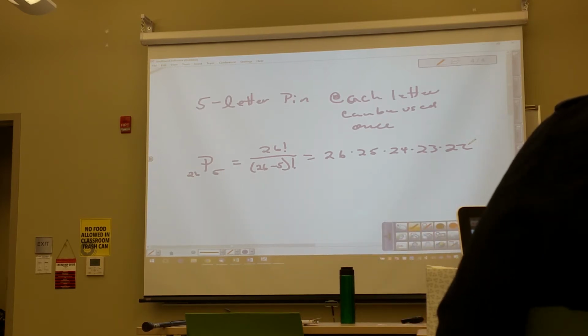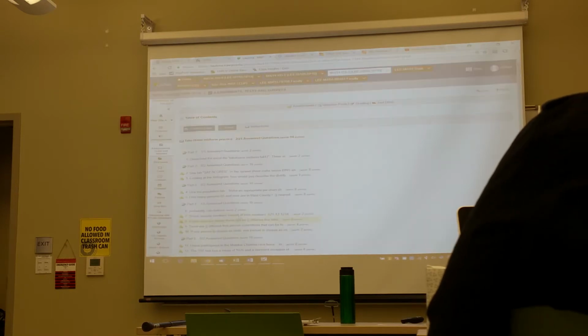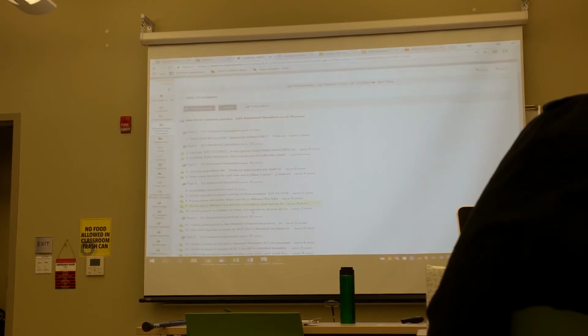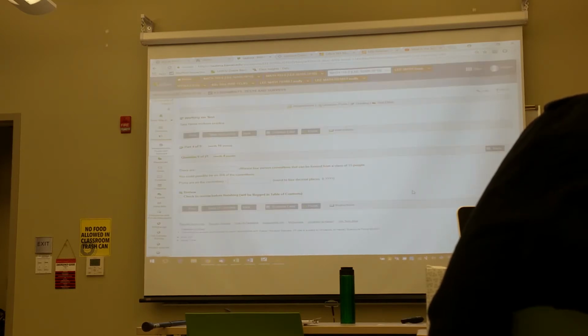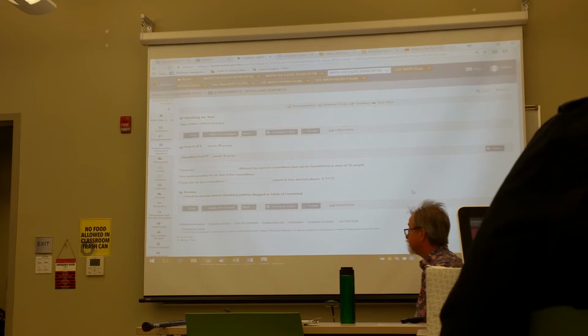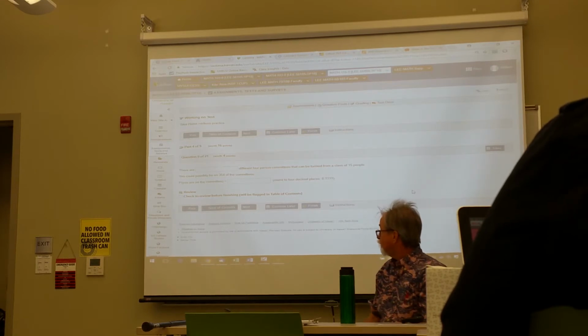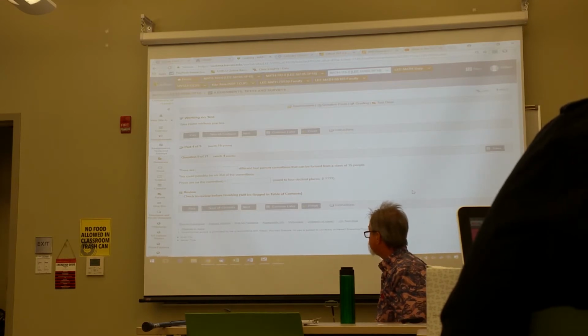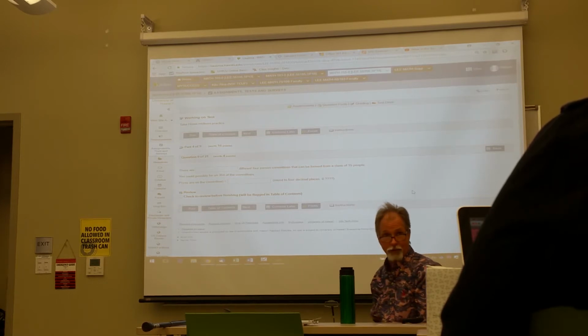The trickiest one on that, I think, for permutations and combinations, would have been this question right here. This was probably the hardest one. There are blank different four-person committees that can be formed from a class of 15 people.